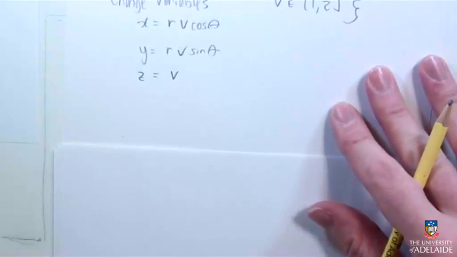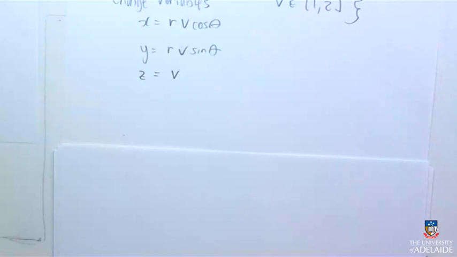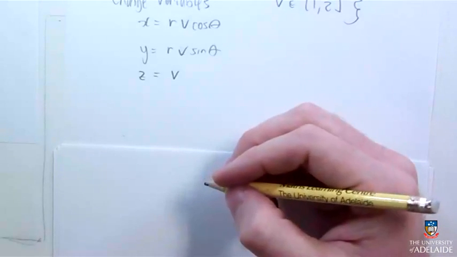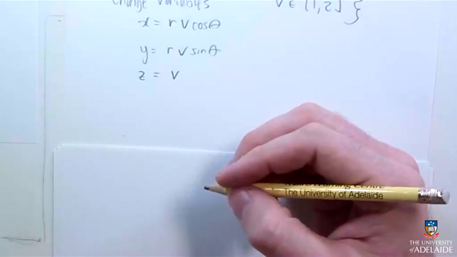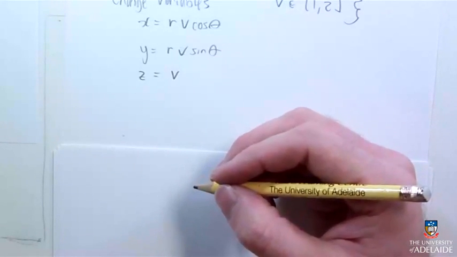And then I'll take the determinant of that matrix to figure out what the multiplication dx times dy times dz is in terms of dr times dv times d theta. That's how you do it, isn't it? You do your Jacobian matrix. Sweet.